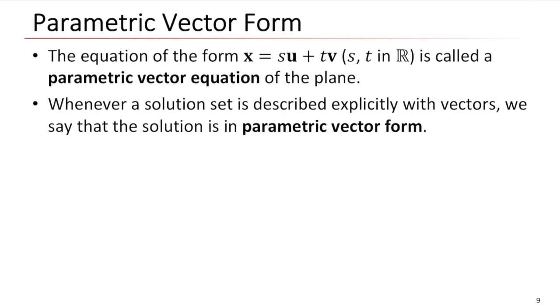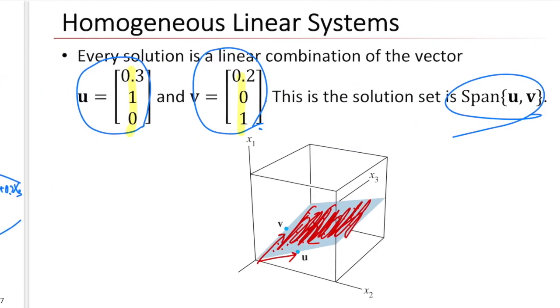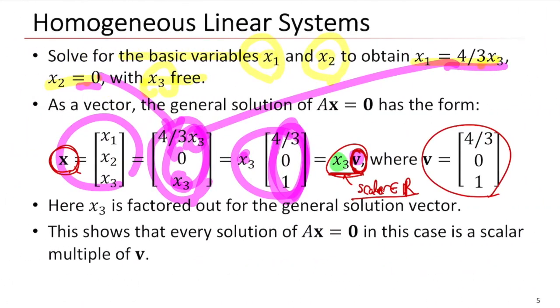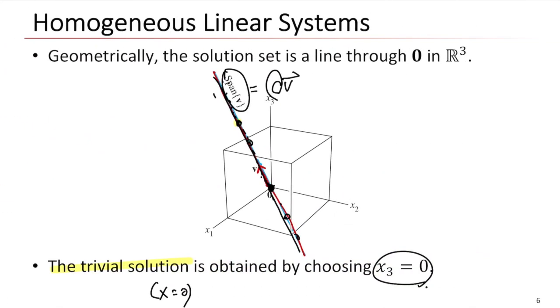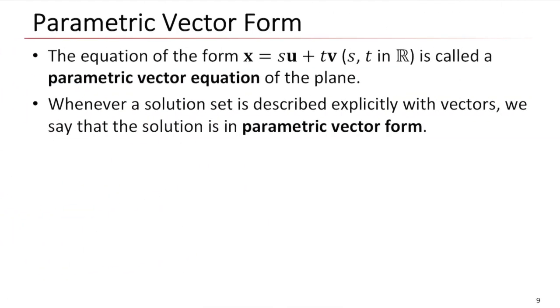Okay, so here is one more definition. From these two examples, we derive the solution vector x in a form like this: the linear combination of vector u and vector v with the weight values s and t in real space.